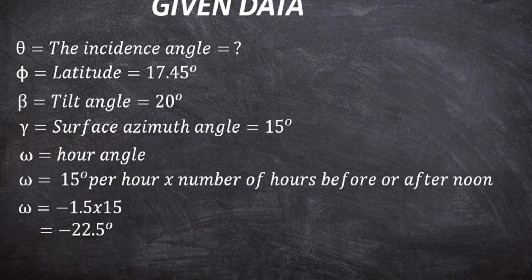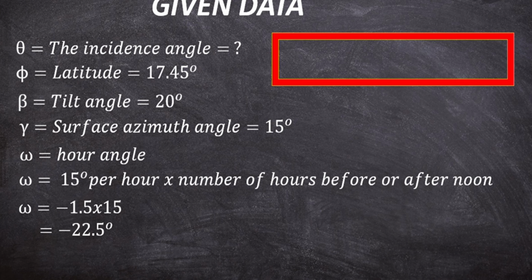Why negative? If you are given a time that is before noon, it's negative, and if it's afternoon, it's positive. I'm sure I'm clear on that one, so that there will be no questions.